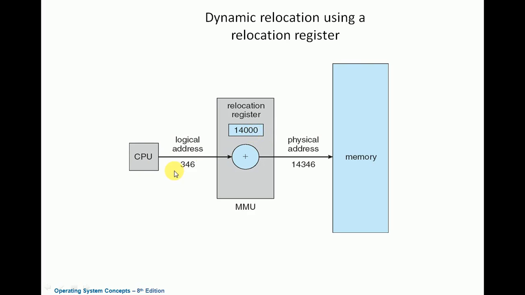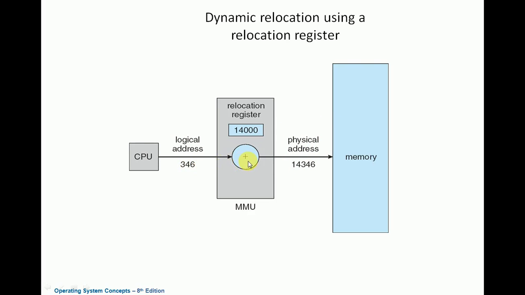The logical address generated by the CPU, that is 346, should be added to the relocation register. So 14,000 plus 346 gives the actual physical address, that is 14,346. This is called binding of logical address to physical address. How is the logical address bound to the physical address? The technique is very simple.